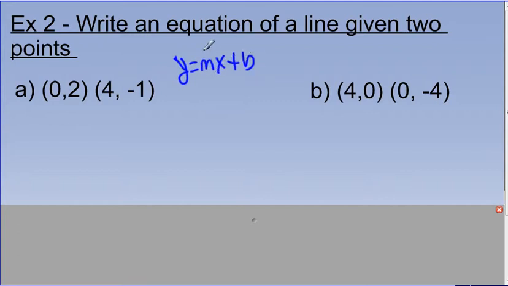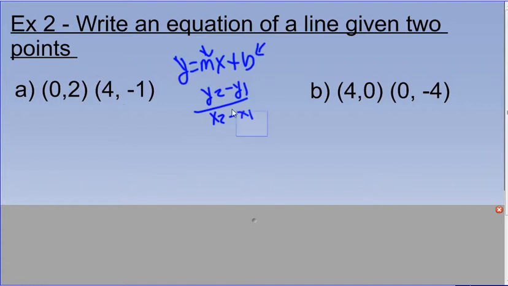We need to have the slope, and we need to have the intercept. Well, we learned how to find slope already. That's m equals y2 minus y1 over x2 minus x1. We can do that given 2 points. So we can find the slope here.